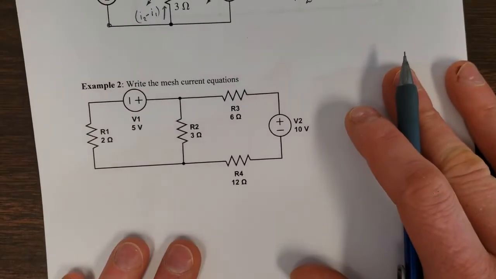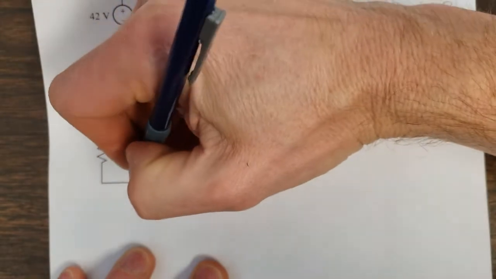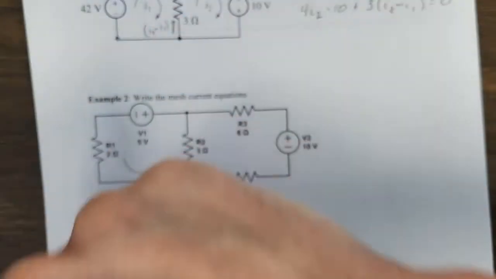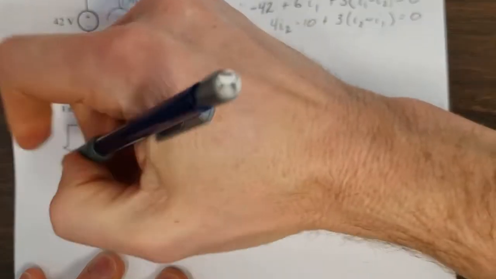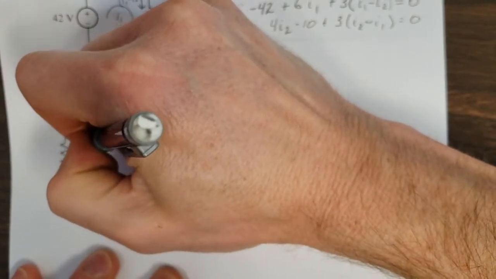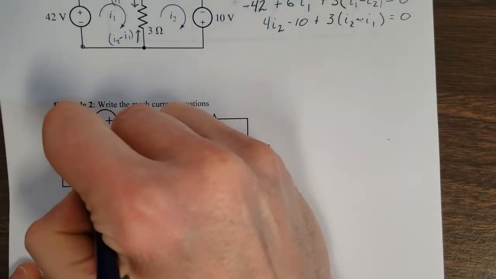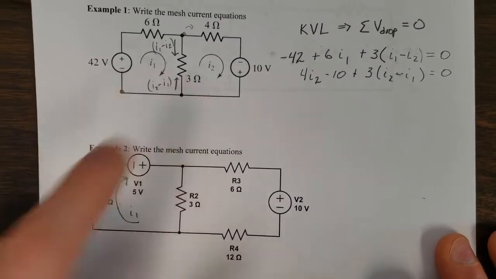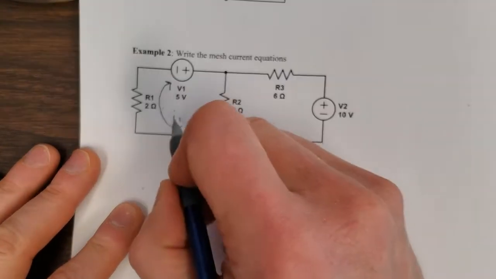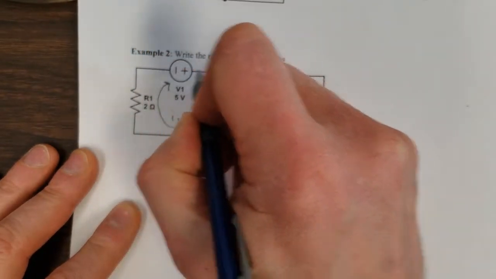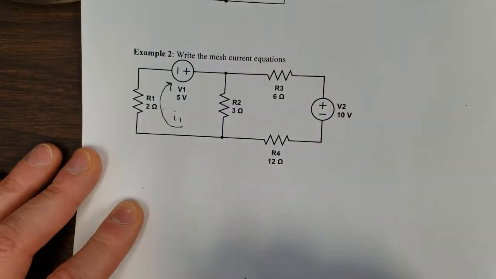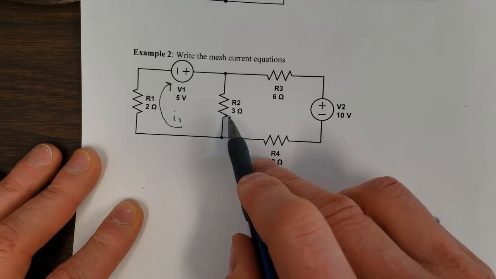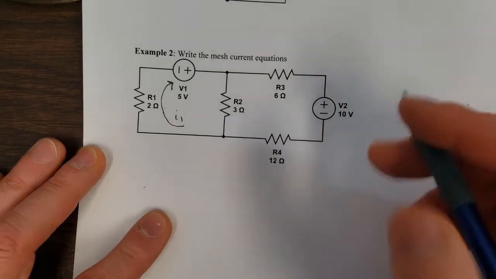But honestly, it's important to realize that I1, we're going to label this I1, but I1 is only the current that goes around the outside portion. So we usually draw it sloppily by just putting a label in there like that. But if we want to stress it, I1 is the current that's flowing around the outside loop here. So the current going down through 3 is not I1.